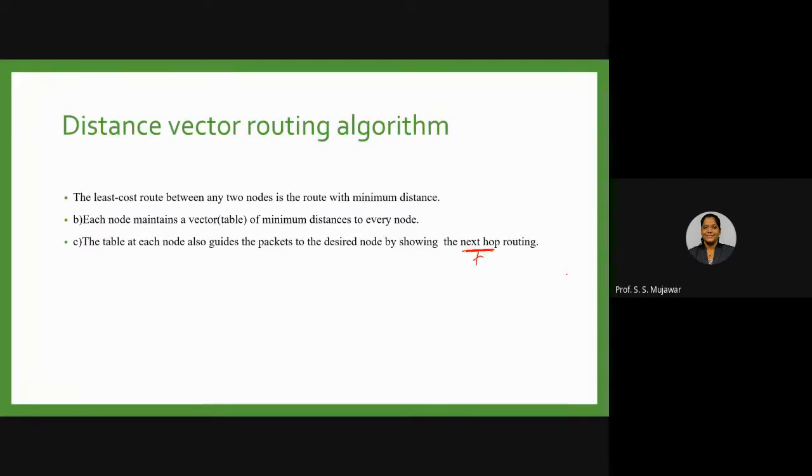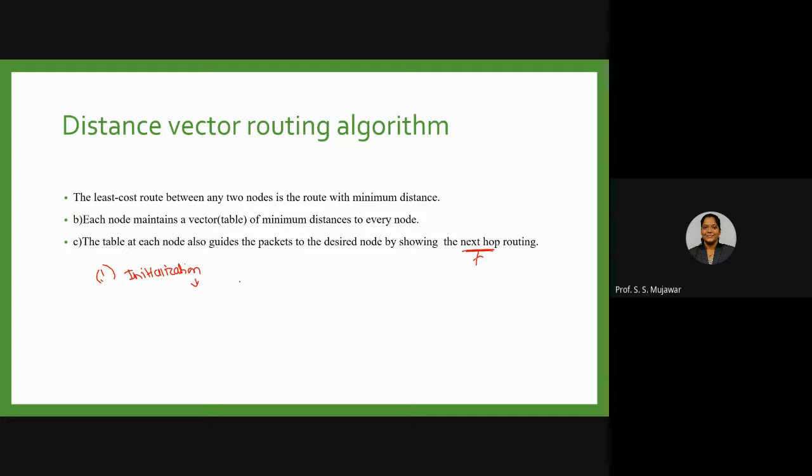Okay, now here there are three steps we need to perform while we are creating the tables. The first step is initialization of the tables. In this step, we find the distance of the immediate neighbors.